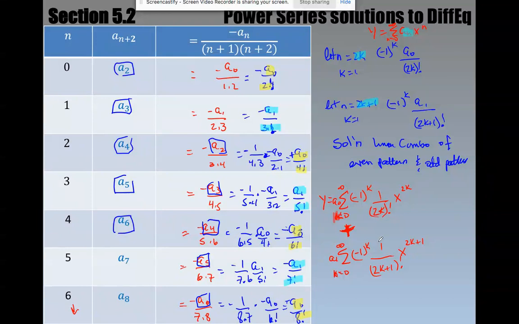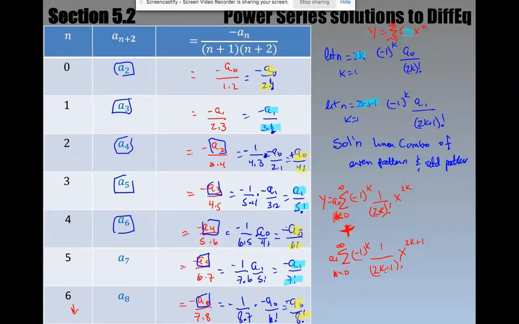Have you seen a power series that looks like this? Now, again, I know the switch from n to k is a little bit weird, but I just didn't want to use n again because they weren't the same as over here. But nevertheless, do you recognize those? Isn't this just even powers over even factorials, signs alternate.